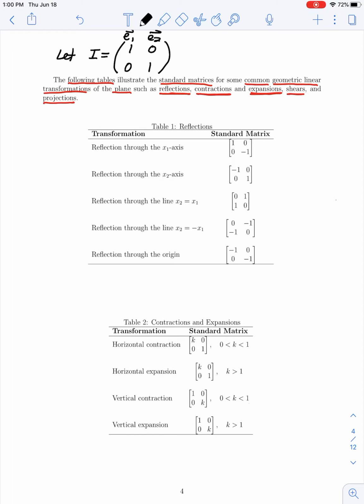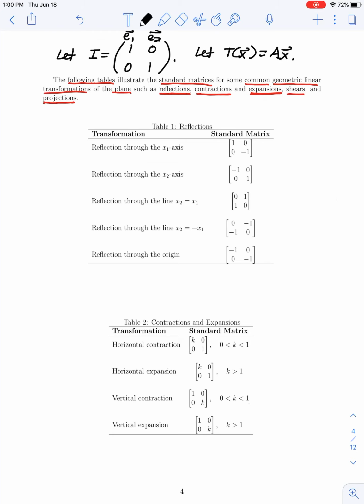We want to see what happens to each of those columns under the given transformation. The transformations we're describing here will be of the form T of x is equal to A times x. So we're trying to find the matrix A describing that transformation.